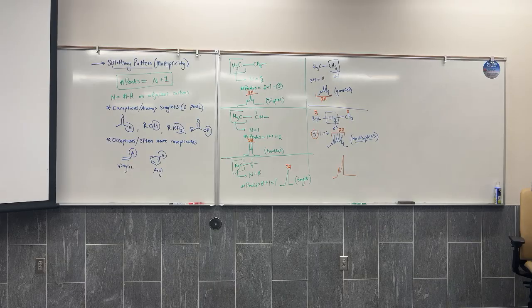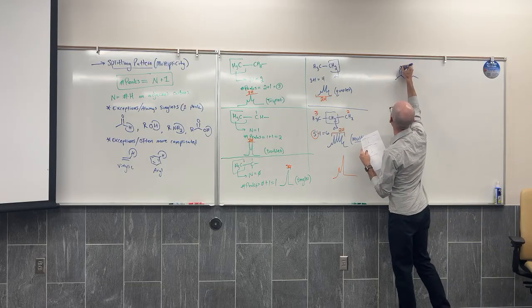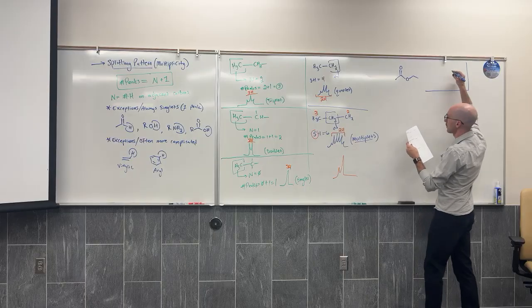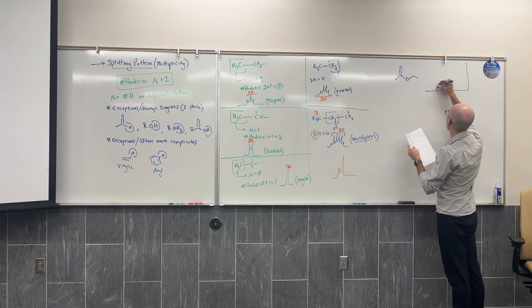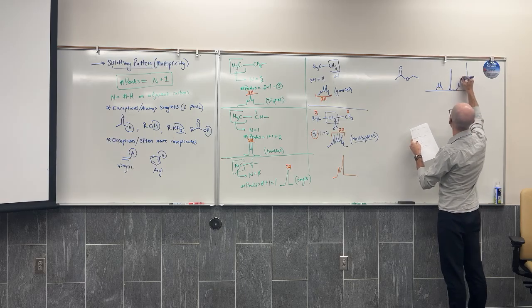All right, let's look at this spectrum for ethyl acetate, which is a fairly common solvent. Those of you that were in my lab this semester, we experimented with using ethyl acetate as a different solvent.